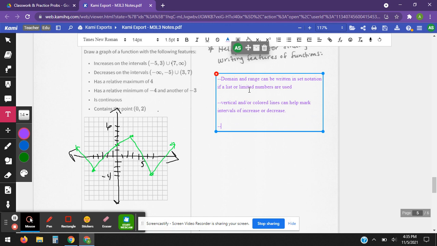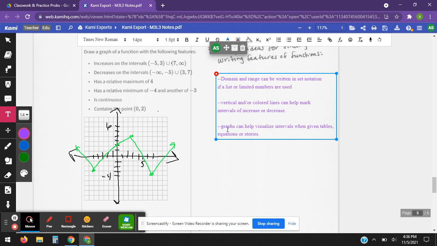And then when you've got a table or something that's not necessarily easy to visualize, a lot of people are visual learners, and so graphs can help visualize intervals when given tables, equations, or stories.